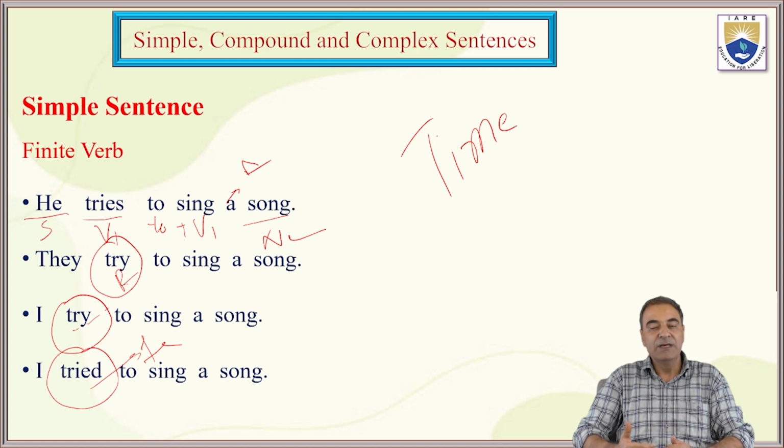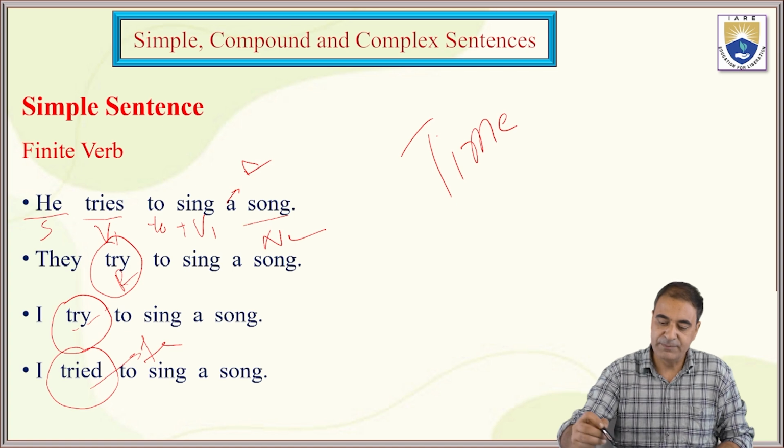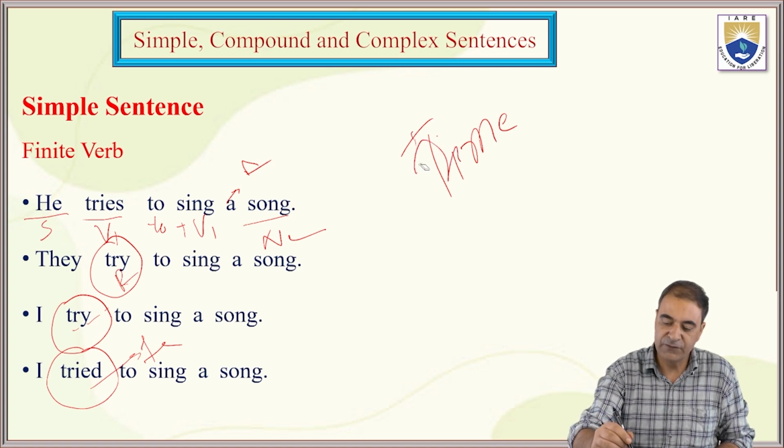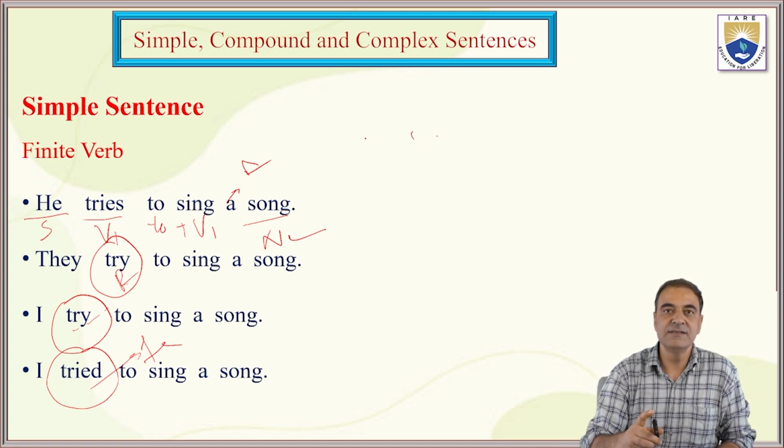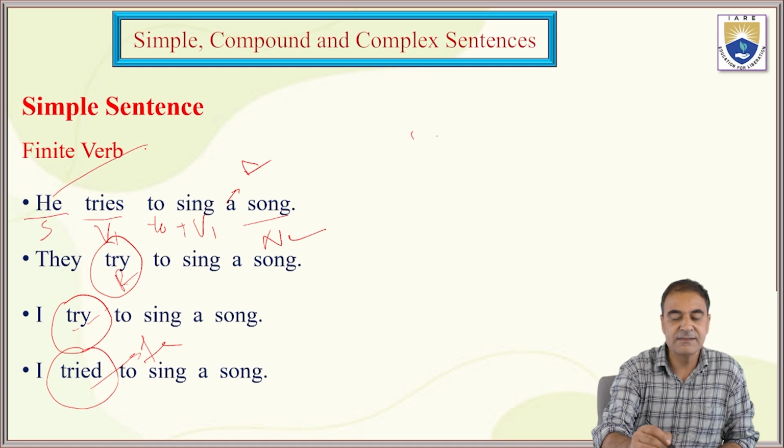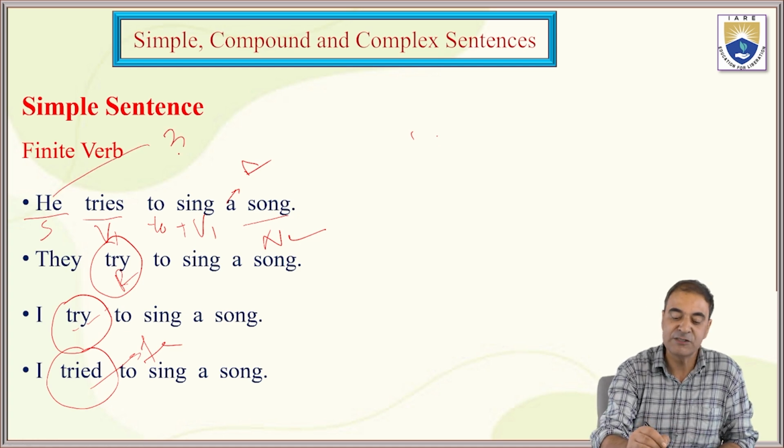Non-finite verb is a verb that doesn't change if we change the number or the person of the subject. For example, if you look at the first sentence, our subject is third person singular.